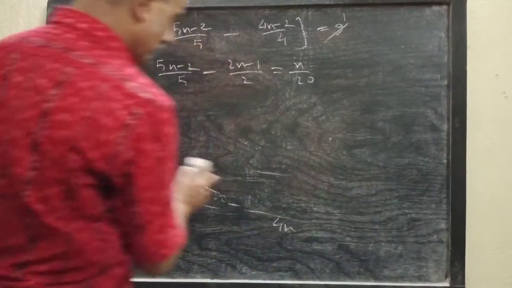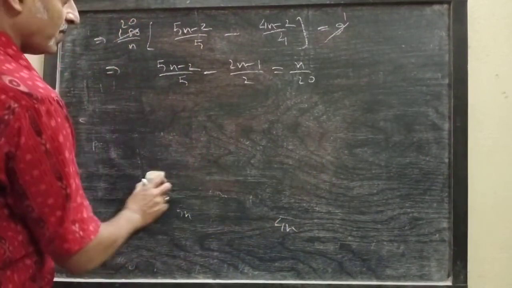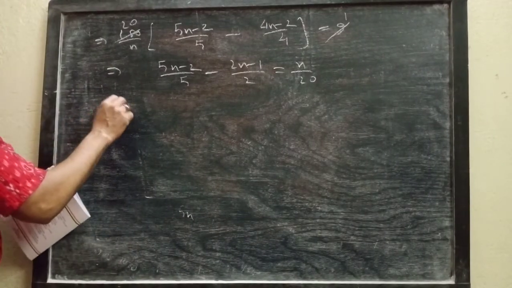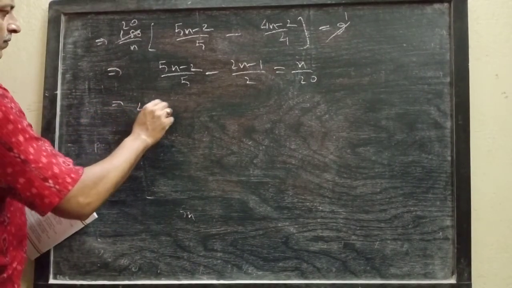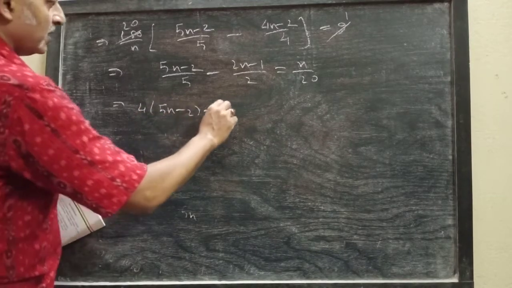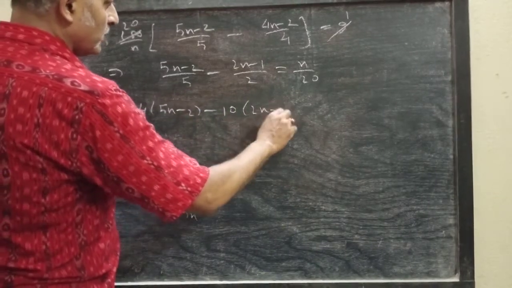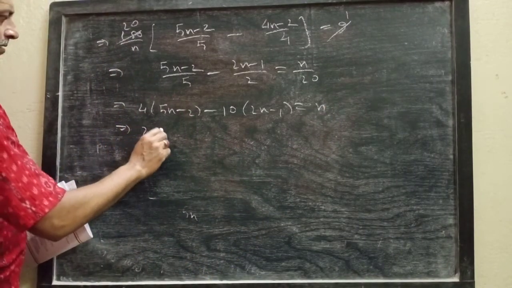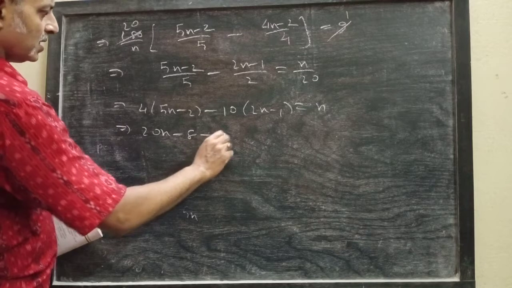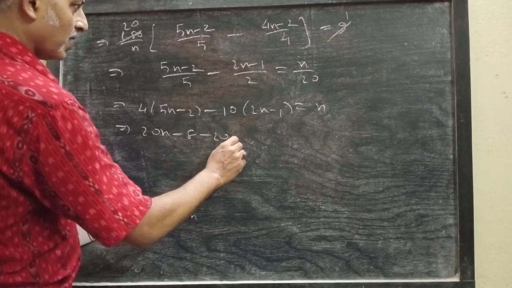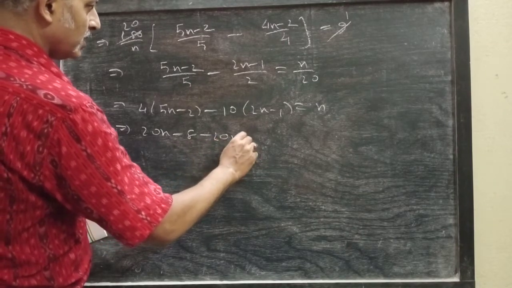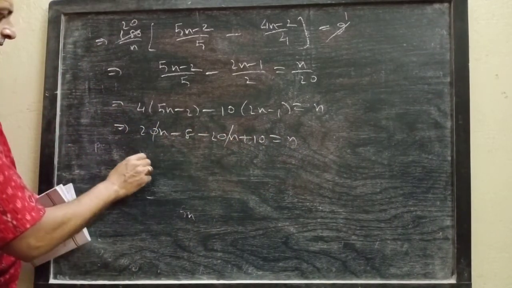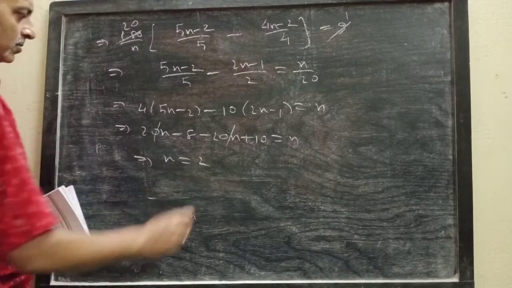Now the LCM of 5, 2 and 20 is 20. So multiply both sides by 20. We get 4 into (5n minus 2), 10 into (2n minus 1). This becomes n. 20n minus 8 minus 20n plus 10 equals n. 20n cancelled, so you get n equals 2.